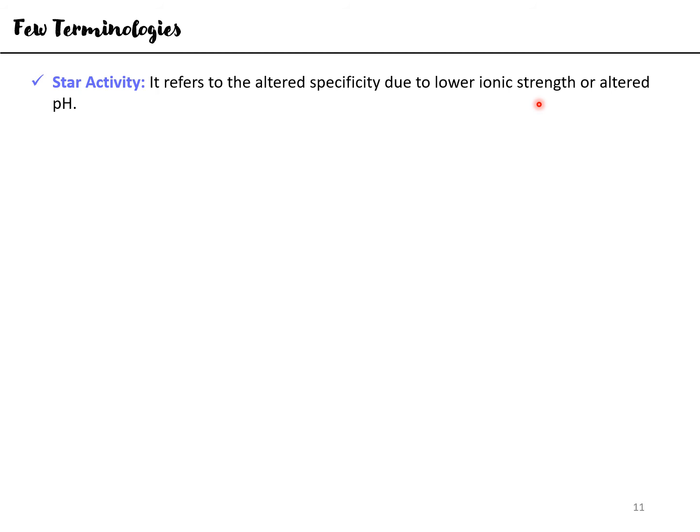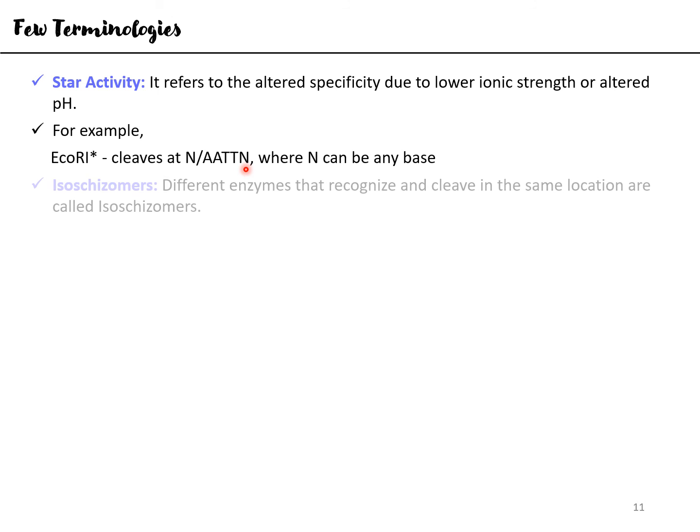And such altered specificity is referred to as star activity. For example, EcoR1 star cleaves at NAATTN after N, where N can be any base. Otherwise it is recognizing GAATTC and cleaving after the first guanine. But here the residue after which it is cleaving can be any base and the last base can also be any base. It doesn't really have to be necessarily cytosine.